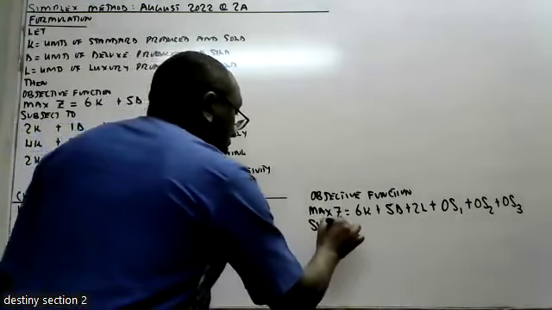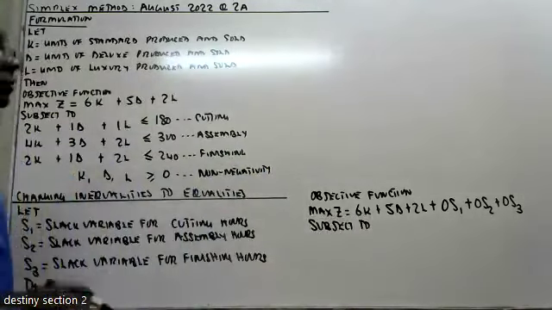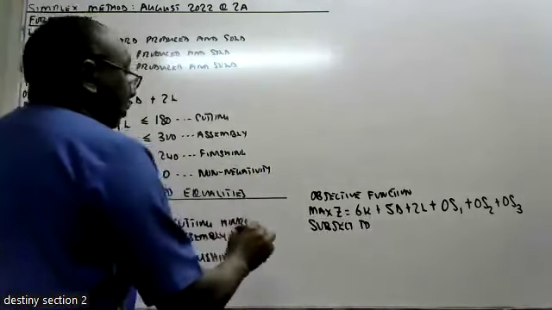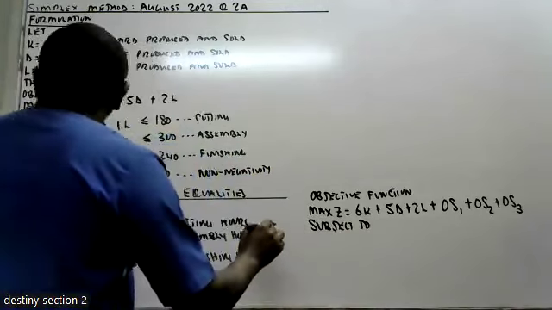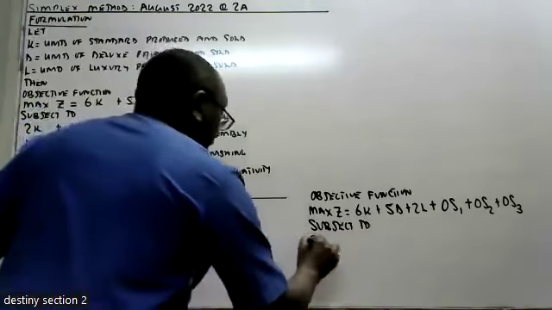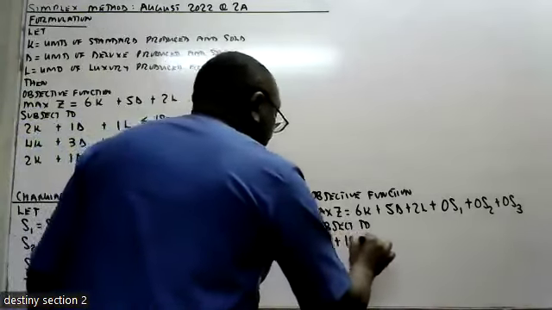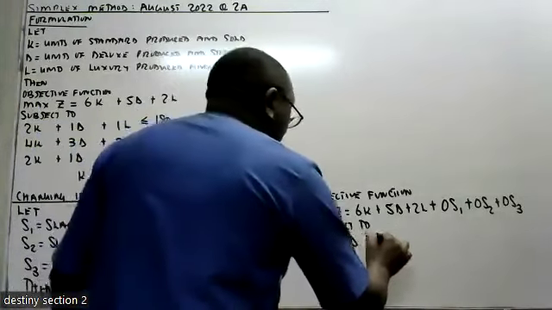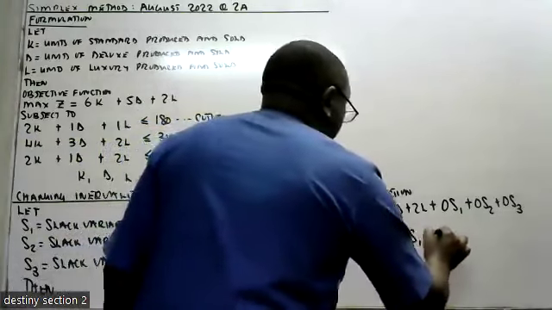Subject to this one, 2K plus 1D plus 1L plus S1 is equal to 180.